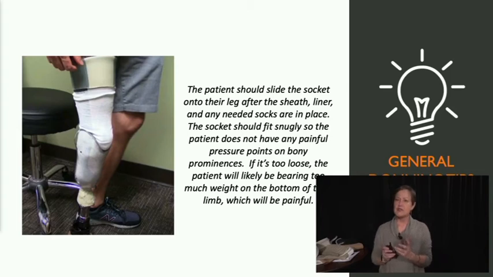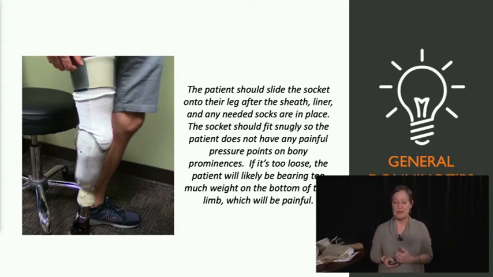It shouldn't feel too tight, but it shouldn't be loose enough that they can feel pressure points. Obviously, for the transtib patient, the most common pressure point is going to be the distal tibia. You'll see other pressure points as well, but that's the most common one. For the transfem, it's rarely bony prominence because of the soft tissue.